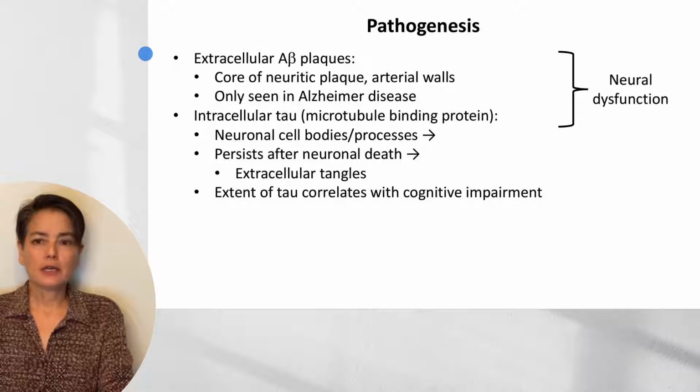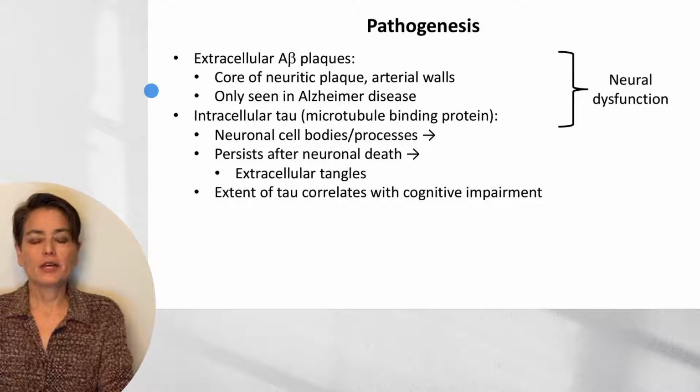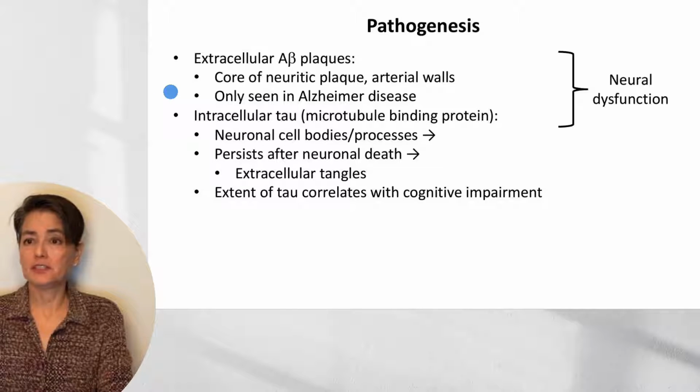Now, I'll be talking on the next slide more about A-beta. It is a peptide that forms the core of neuritic plaques, which we see in Alzheimer's disease, and can also be deposited in arterial walls. The clinical significance here is that we only see A-beta in Alzheimer's disease. We don't see this in other neurodegenerative disorders.